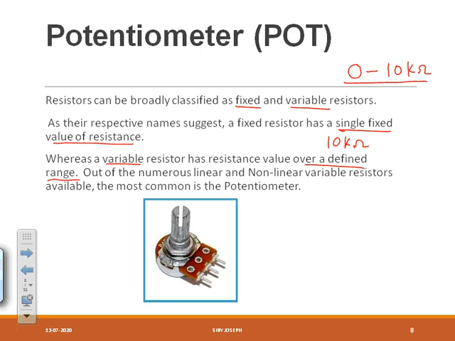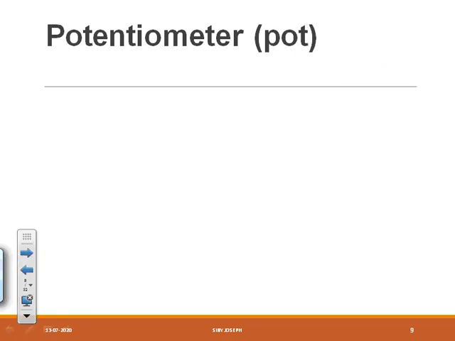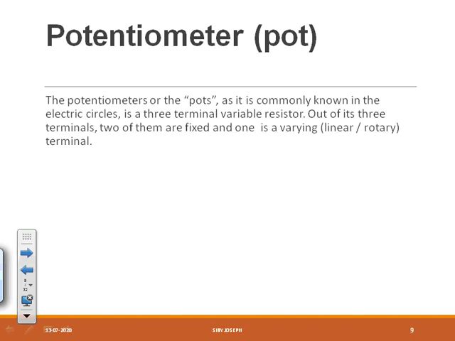And this is a figure of a potentiometer. We call the potentiometer a pot in electric circuits. And how can we identify this device?